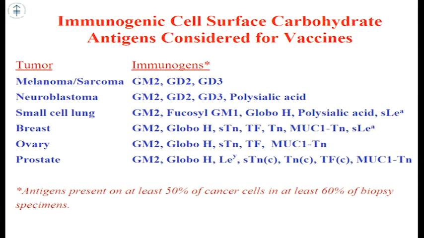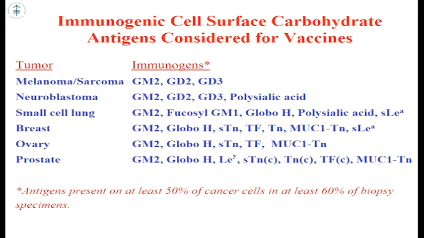For example, we screened tumor samples by tissue microarray using monoclonal antibodies. We identified melanoma, for example, expressing GM2, GD2, GD3, and neuroblastoma. Most of these are common antigens. For gangliosides, which are common, you also have STn, Tn, TF, and mucin.